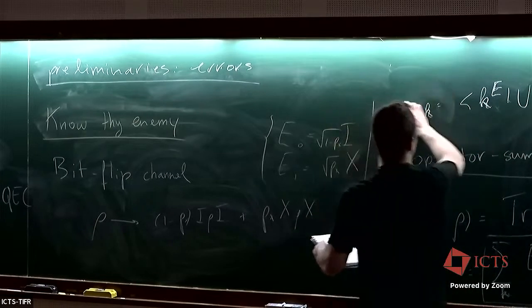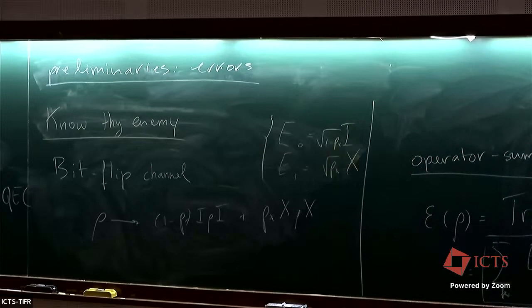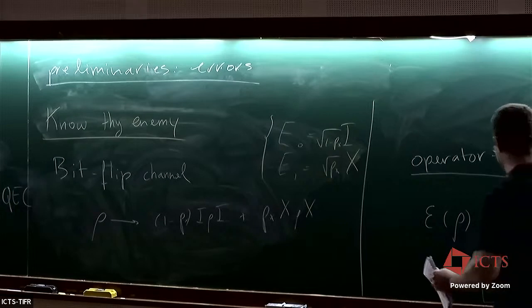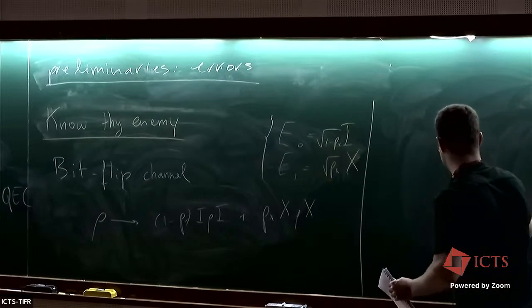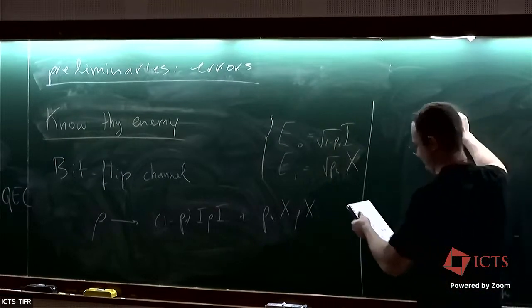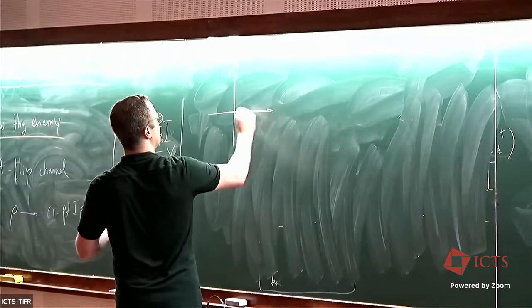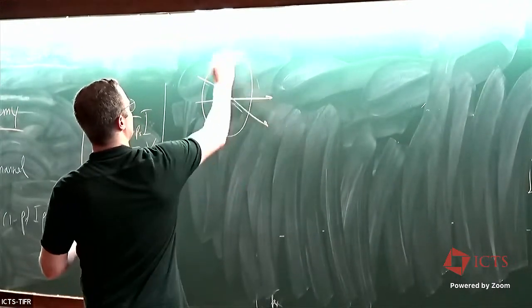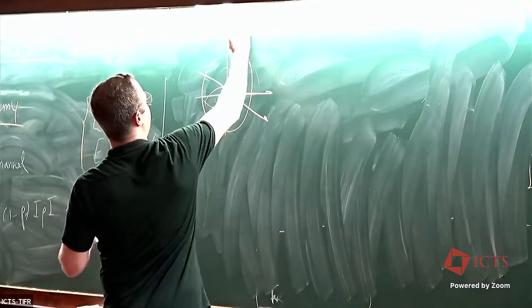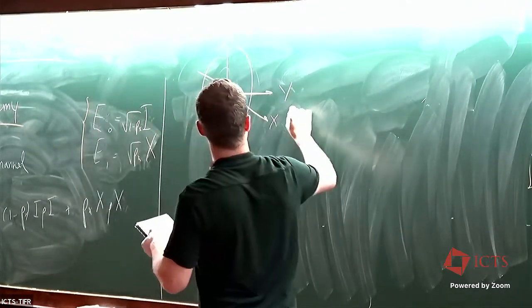What does this do to the Bloch sphere? Who is familiar with the Bloch sphere representation here? Okay, most everyone. Start with the Bloch sphere. This is the z-axis, x-axis, and y-axis.